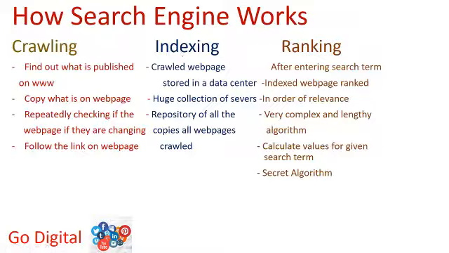There is one special meaning of indexing. Let's say you write content on a web page on your website, and somehow Google is not able to index it. What does that mean? If it's not able to index it, then that content will never appear in the Google search results. One way to check whether your web page is indexed or not is to search with that particular link directly on google.com.